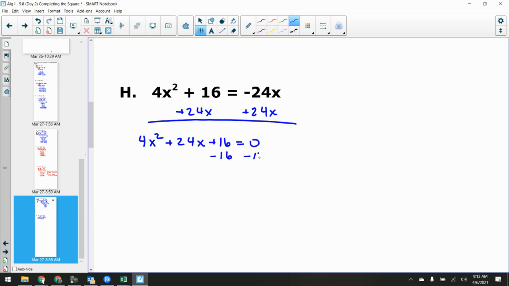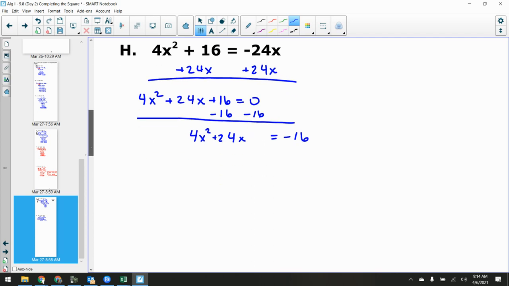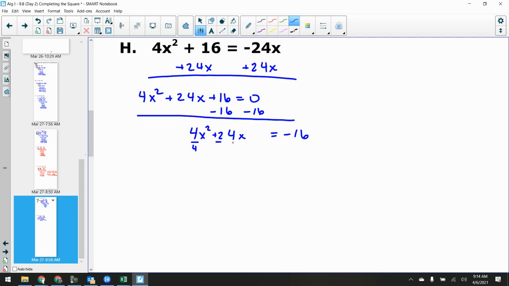And then I subtract the 16. If you want to do that all in one step, I wouldn't be mad at you. What am I going to divide through by? 4. Everybody gets divided by 4. So this is going to get me an x squared plus 6x is equal to negative 4.